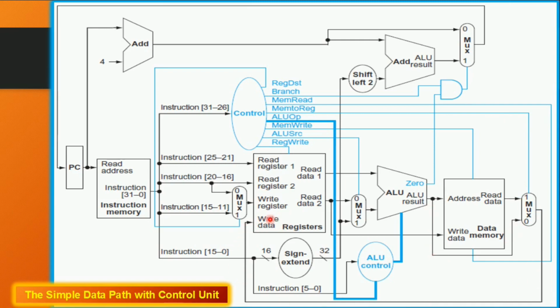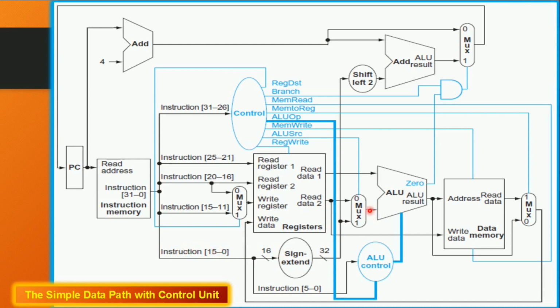ALU source. ALU source is the control signal used to select the second source to the ALU. The second source to the ALU can be from a register or can be an immediate value from the last 16 bits of the instruction.